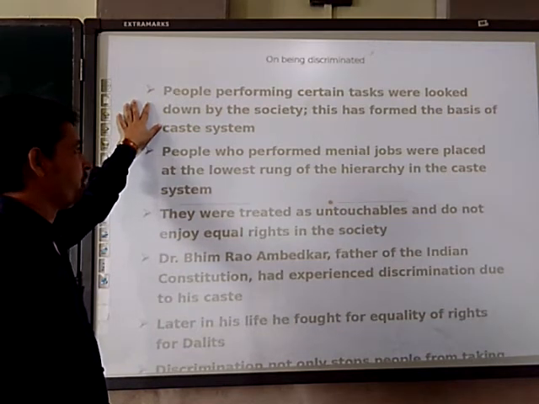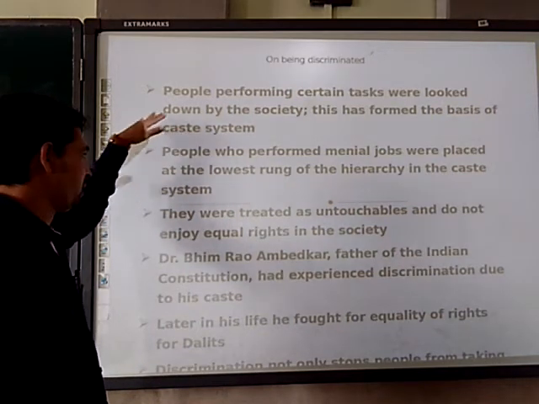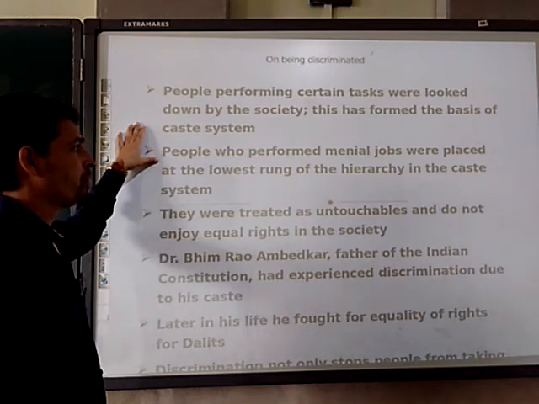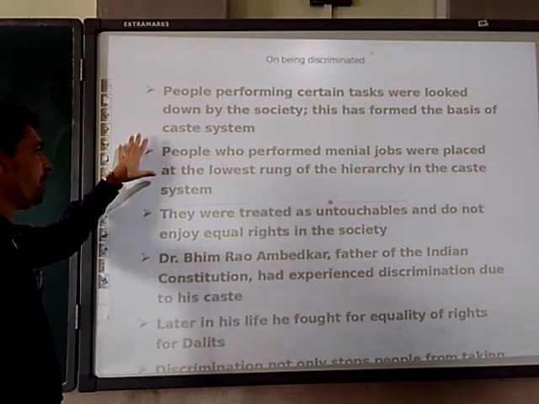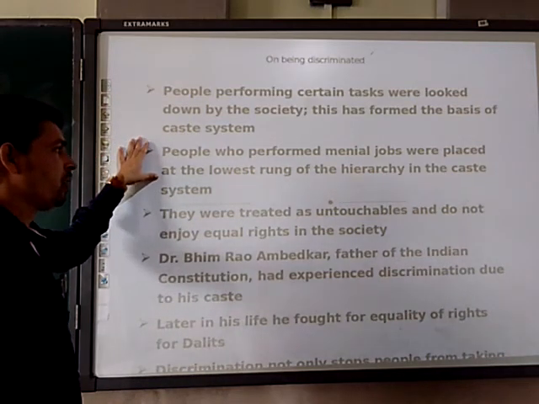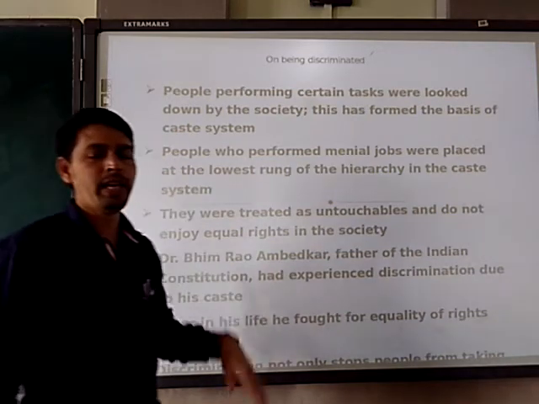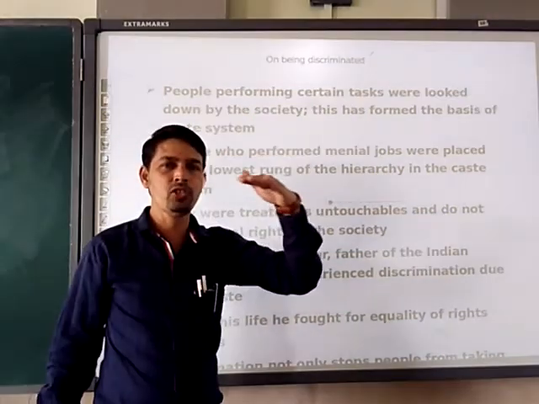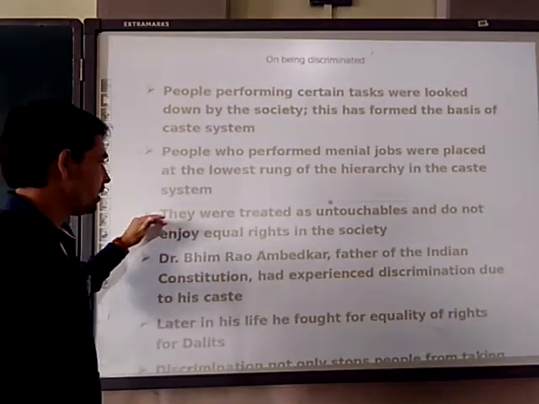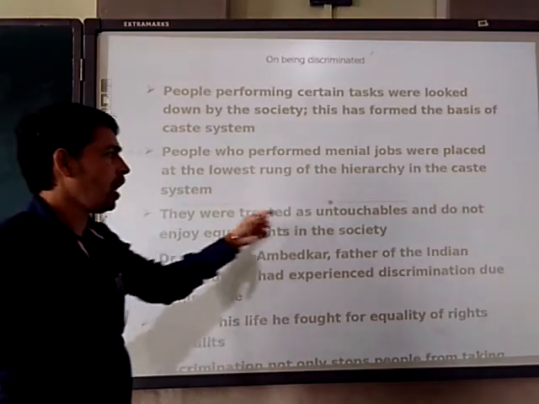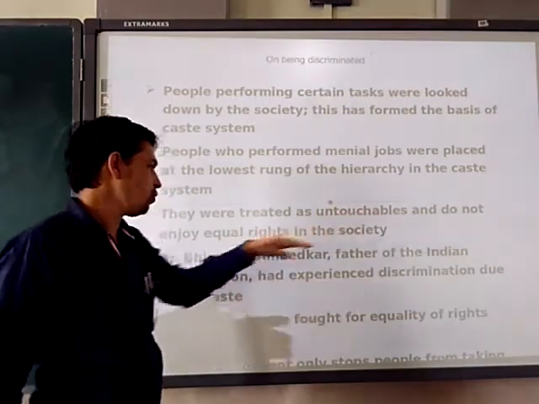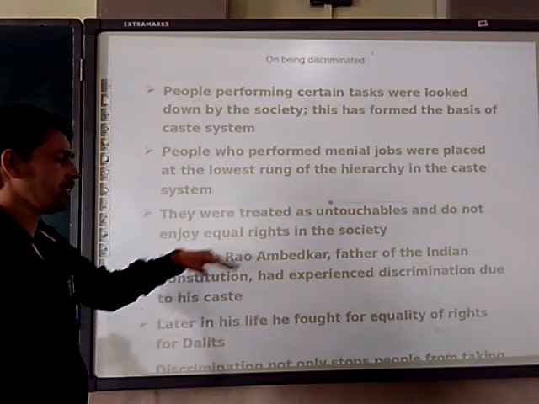This was formed on the basis of the caste system. People who performed menial jobs were placed at the lower rung of the hierarchy of the caste system. That means we have the Brahman, Kshatriya, Vaishya and Shudra, like that. They were treated as untouchable and did not enjoy equal rights in society.